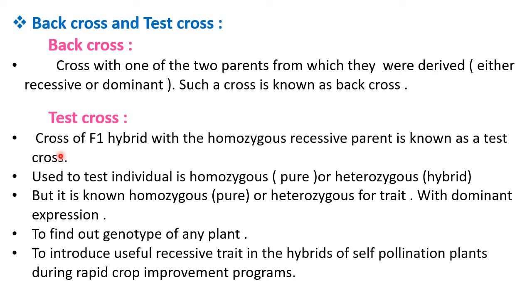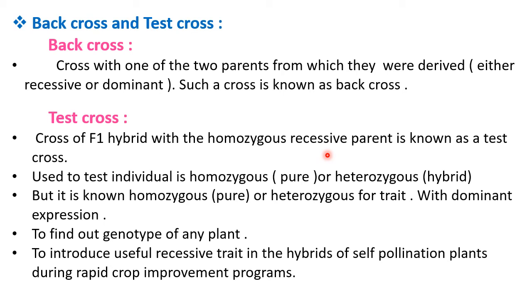You know that homozygous means both the genes or alleles are identical, and recessive means the trait which does not appear in the F1 generation. For example, when we cross a pure tall pea plant with a pure dwarf pea plant, then in the F1 generation we get a hybrid tall pea plant with the genotype capital T and small t.